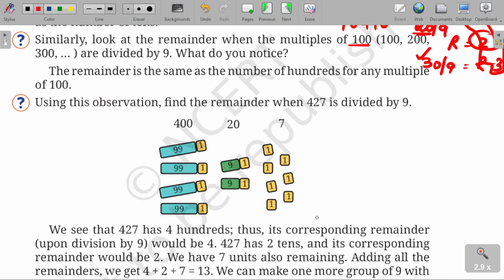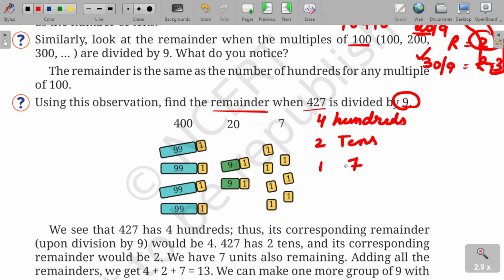Now, say you have 427 and you need to find out the remainder of this when divided by 9. See, in 427, there are 400s, two tens, and obviously 7 ones.